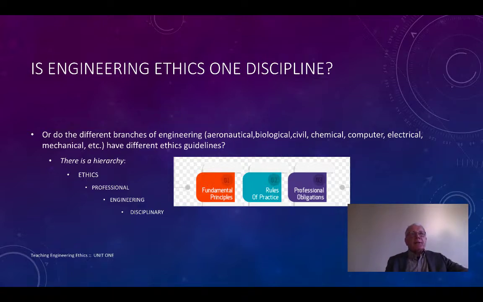Now, the process is, of course, a little bit more complicated when you start thinking about the different branches of engineering. We have the work being done by biological engineers and civil engineers, chemical engineers, electrical engineers, and so on. Seems on the surface very, very different.